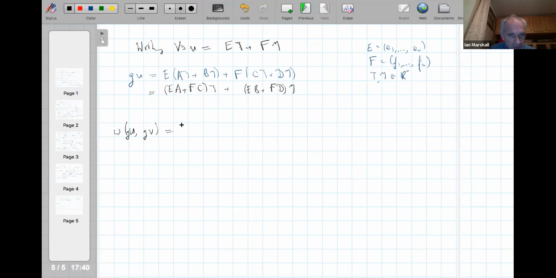So we end up with xi transpose A transpose, I guess that comes from this representation here, plus eta transpose B transpose.